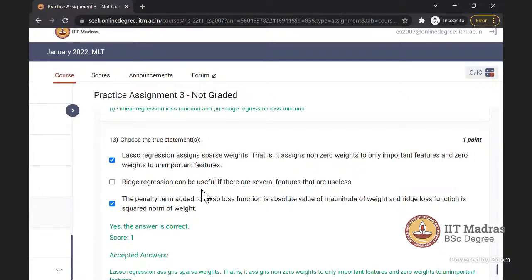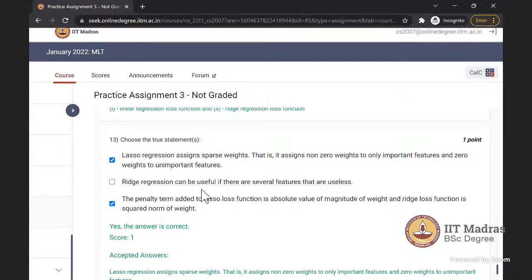Even without regularization, if you choose the right degree, there are certain cases in which you will get training and validation errors of 0, and you can figure out which features are useless and which are useful.